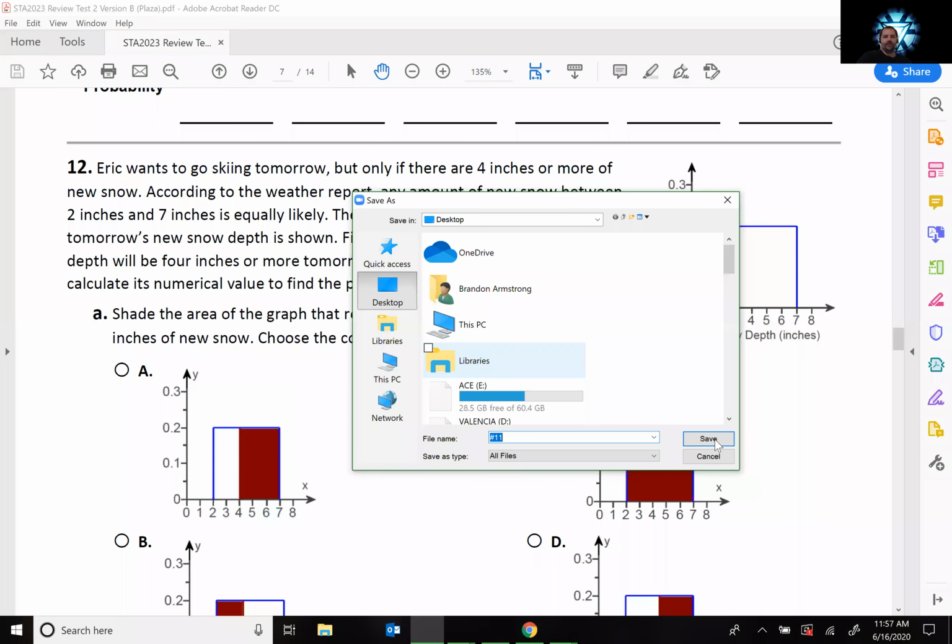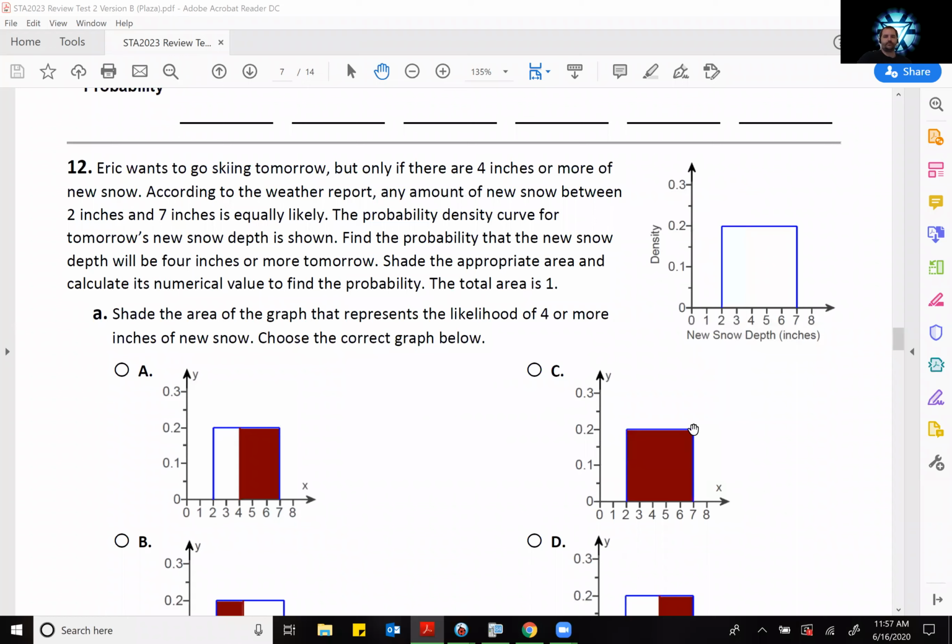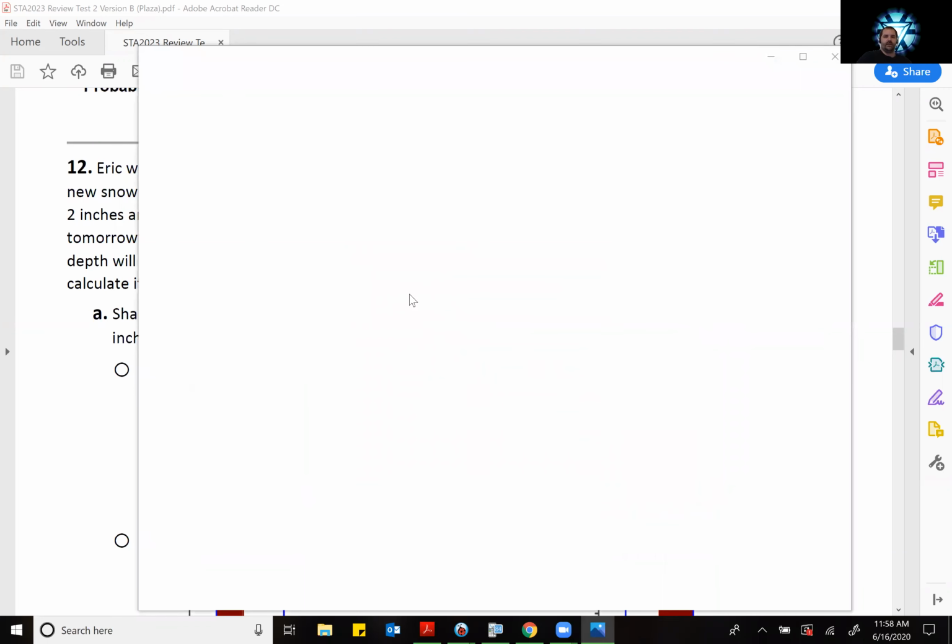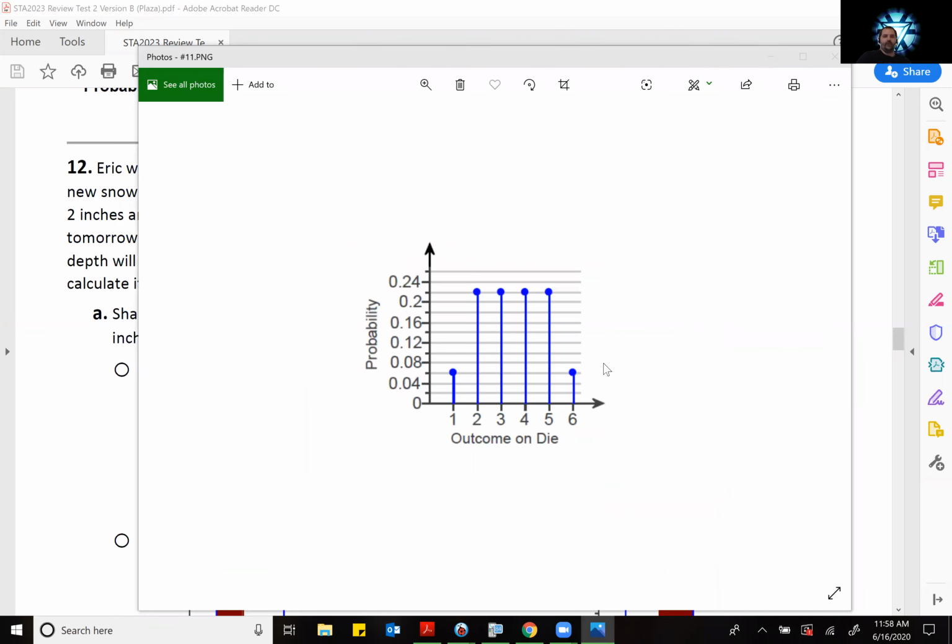Let me open this picture up. There we go. There's our picture. So what is the probability of rolling 1?